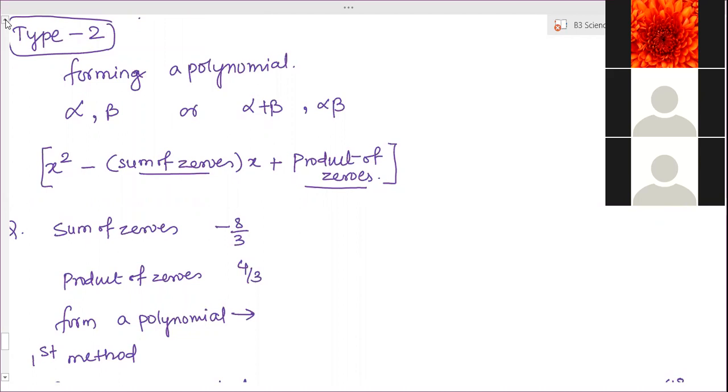Ma'am, how many types are there? You can see the book. Everything I have kept there. Okay, ma'am, so like 6 to 7. Inside that there are many different types of questions. Forming a polynomial, but the ways are different again.